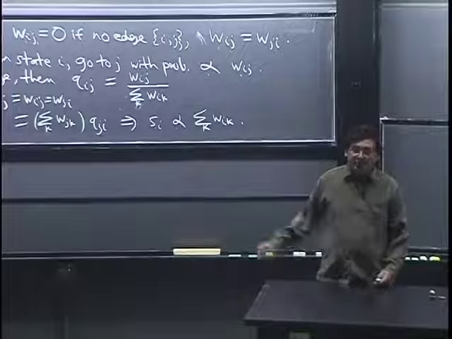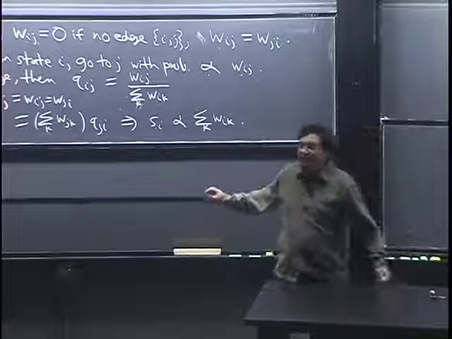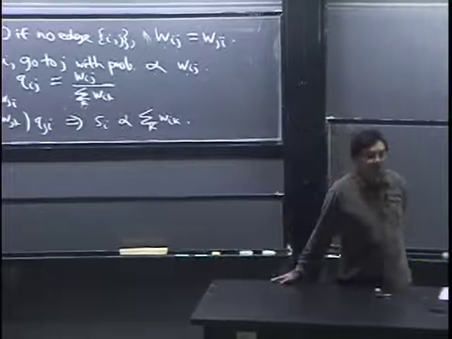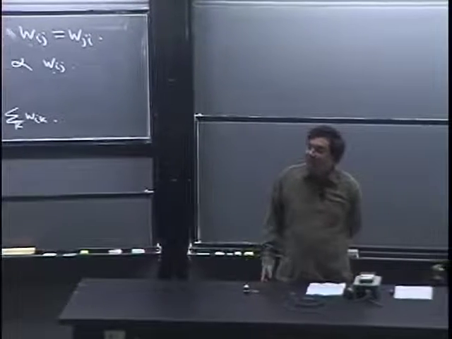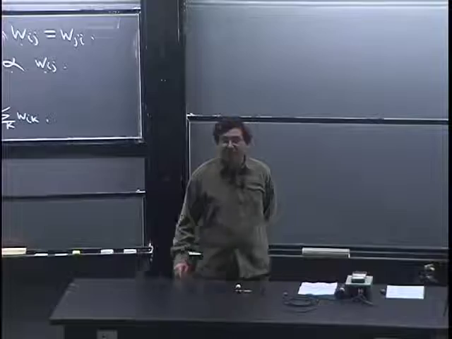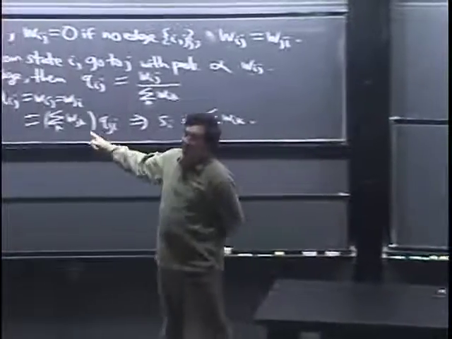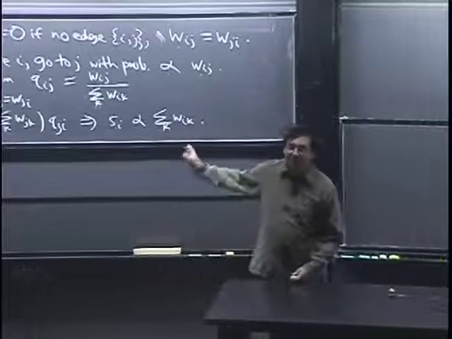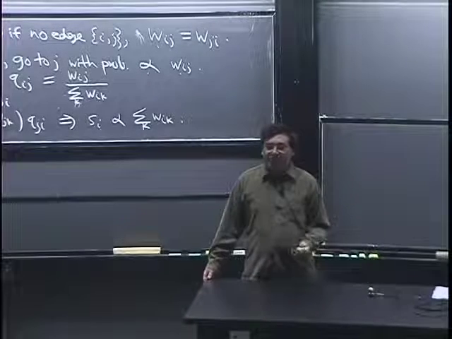Actually, this is a completely general reversible Markov chain. So this is actually a complete generalization in the sense that if we have any reversible Markov chain, we can interpret it this way. So in a sense, this is the entire theory of reversible Markov chains.